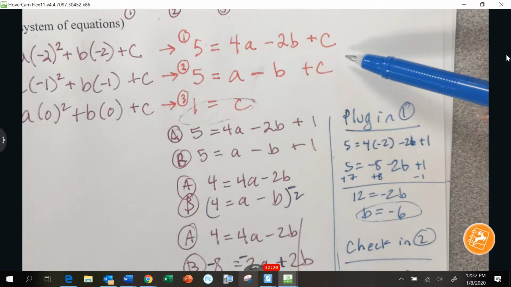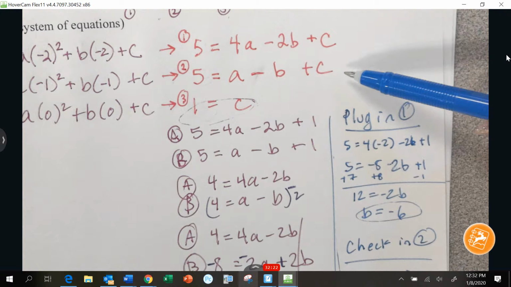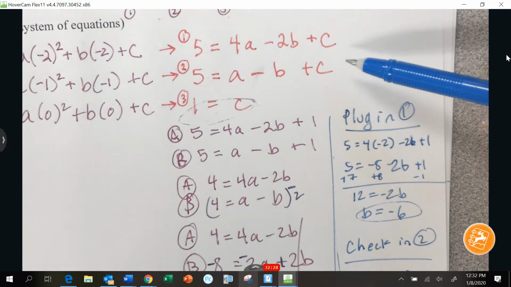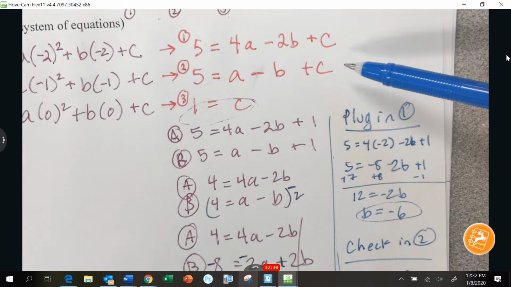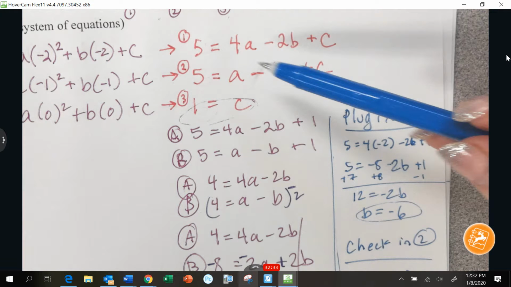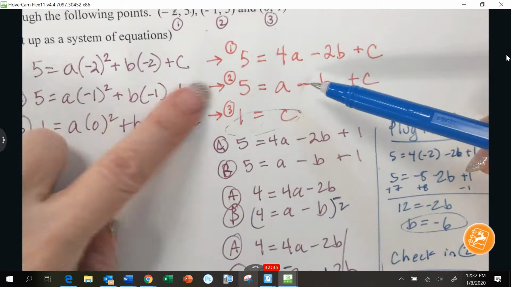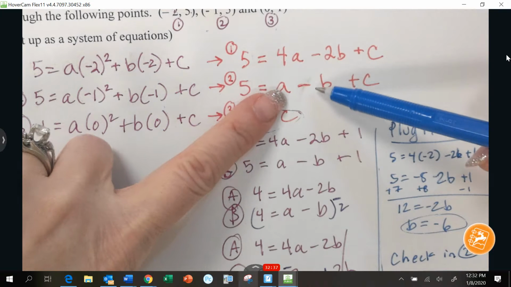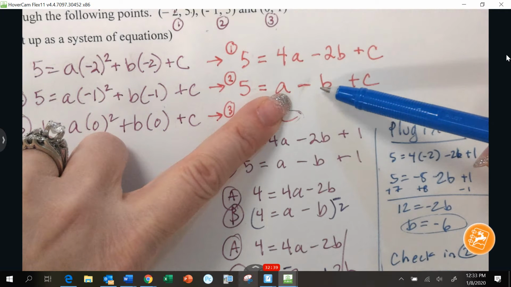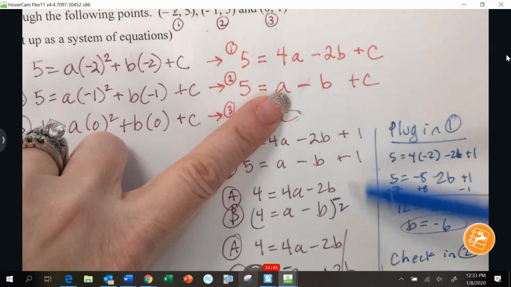Okay, so that's one thing that does happen. Amelia made a mistake when she was simplifying her equation. I'm guessing you forgot the negative b. She just put b. But that's why everything checked.